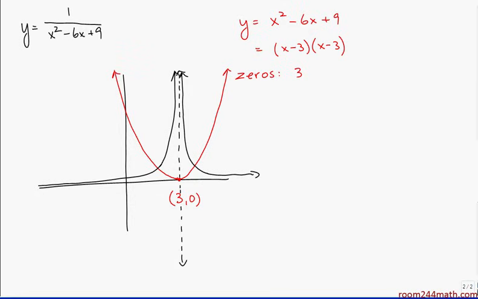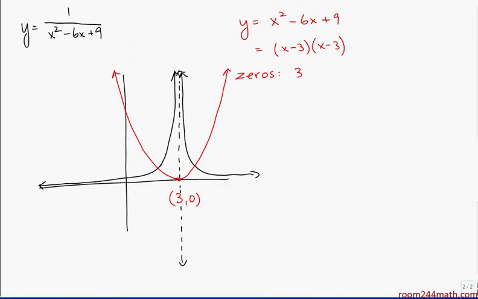When the parabola touches the x-axis, the reciprocal doesn't exist, and everywhere else the parabola is positive, so the reciprocal function is positive. When you get close to that zero, the reciprocal function blows up. When you get far away from that zero, the reciprocal function gets closer and closer to the x-axis.